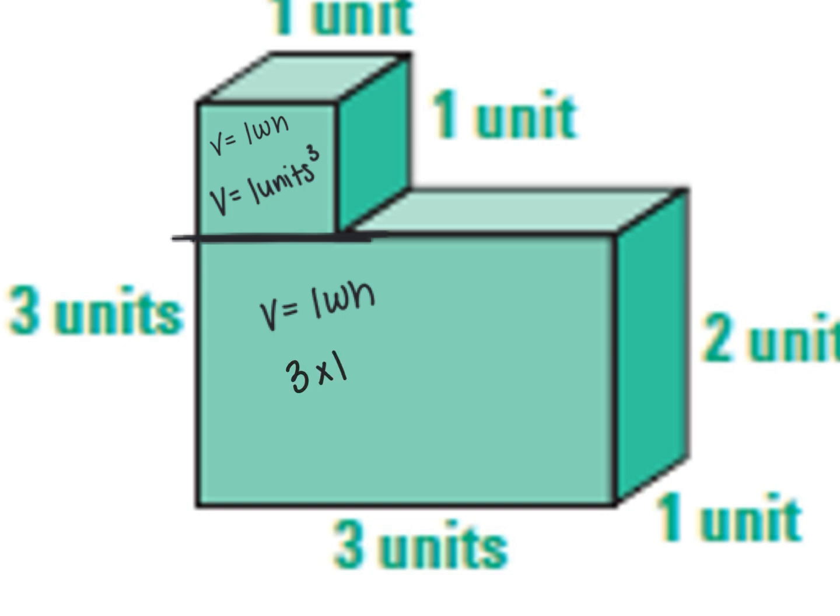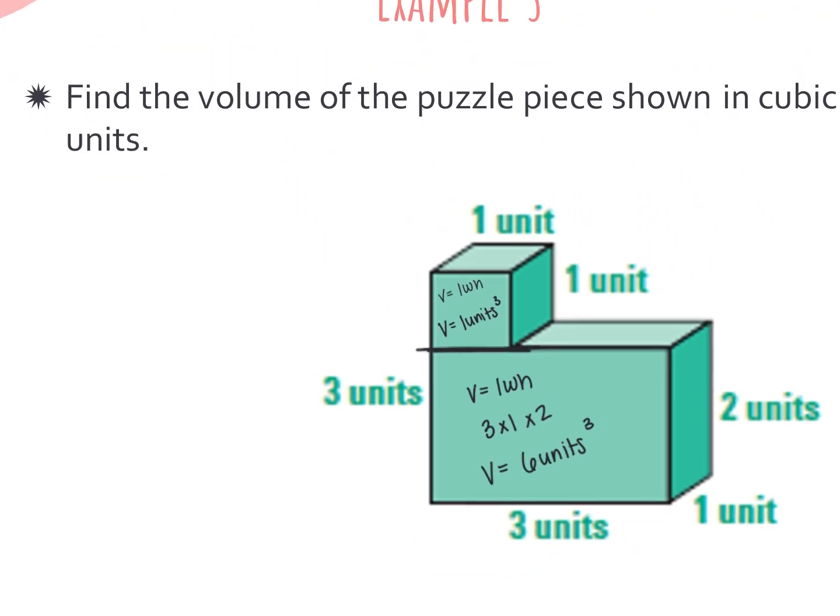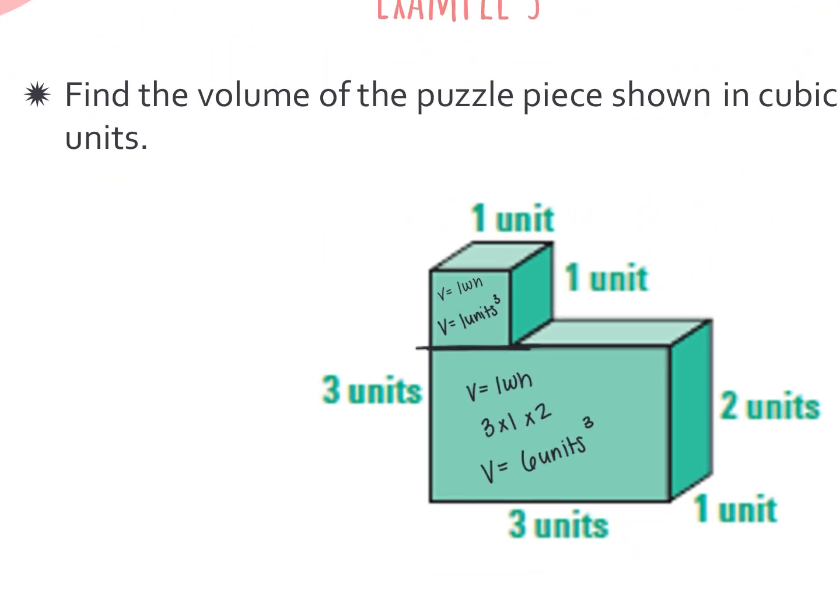Good. 3 times 1 times 2. What's 3 times 1 times 2? My volume's going to equal 6 units cubed. And then they want the total. All I'm going to do is add them. Volume equals 1 plus 6. I'm adding my 1 volume and my 6 volume, so my volume's going to equal 7 units cubed. And that's it.